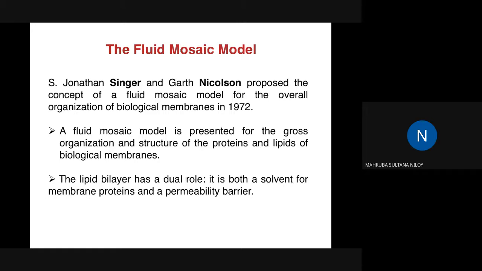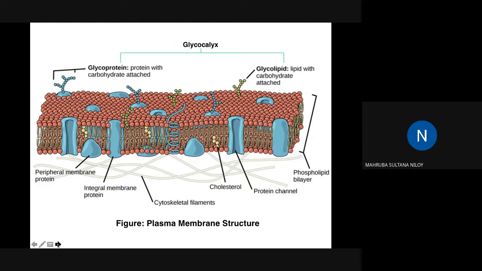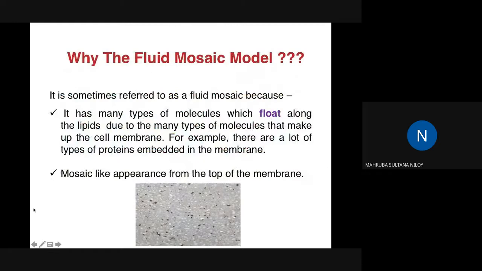The lipid bilayer has a dual role: it can act as a solvent for membrane proteins, and it also acts as a permeability barrier. So here is the structure of the plasma membrane, or cell membrane. So why is it called fluid mosaic? The point is here.